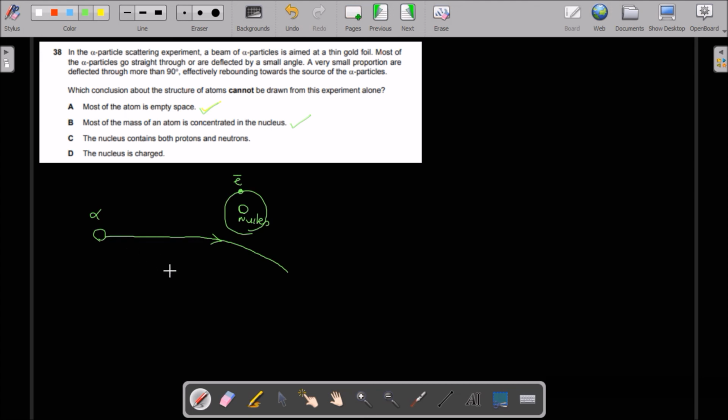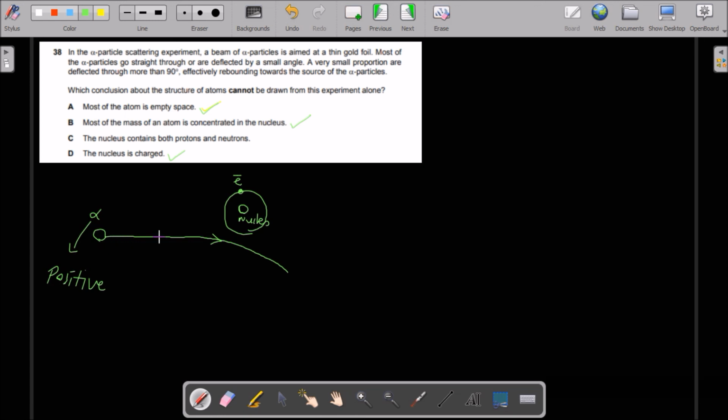So we can conclude that D also is right. Why? Because alpha is positive. The nature of the alpha is a helium nucleus, that's why it is positive.